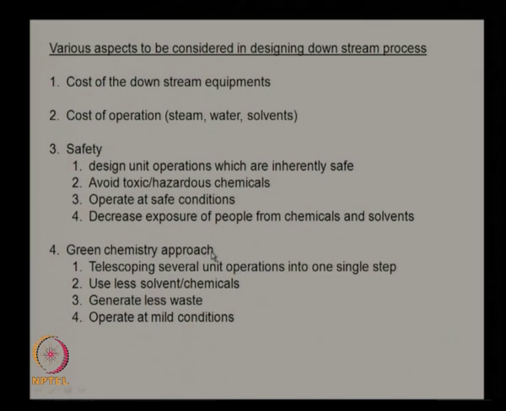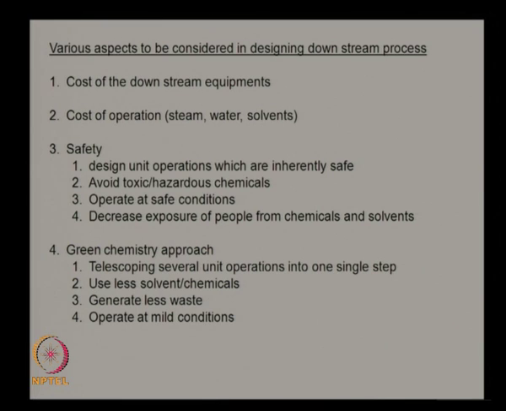Can I combine 2 or 3 downstream into single one, so that I do not have to perform some downstream, then go to another vessel, perform another downstream? Can I do 2 things at the same time? That is called telescoping. Can I use less solvents, can I use less chemicals, so that I can produce less waste, so that the environment is not affected?